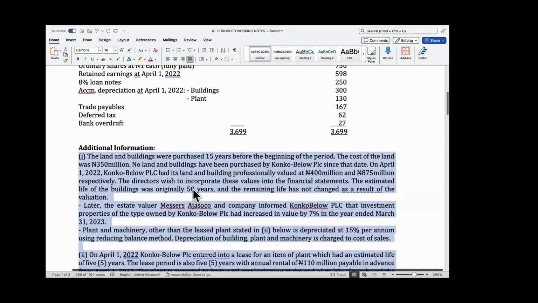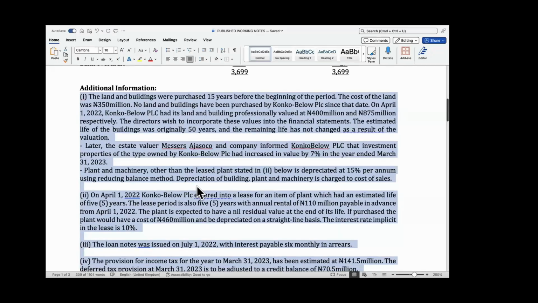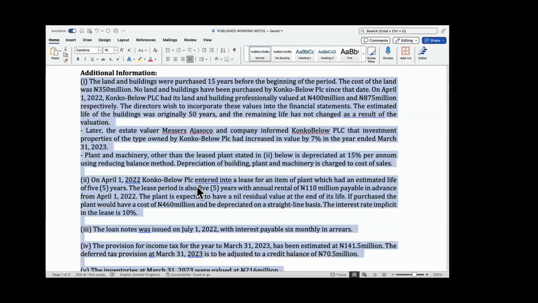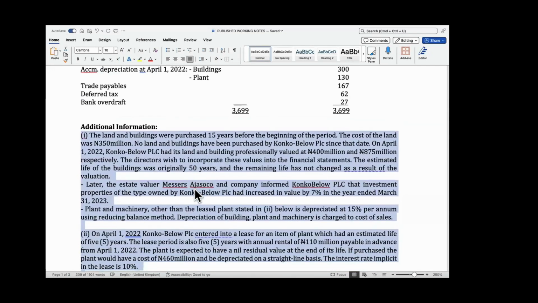Also, as we will read, you will see that there are just two categories. Some are coming newly, meaning that we haven't entered them in the books at all. So they are new, and you need to enter them, which means you need to pass two entries.